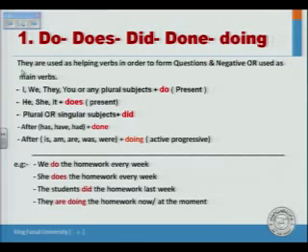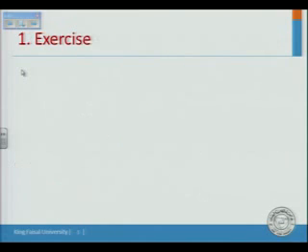You see the example here: they are doing. We change the verb do into doing because it comes after are. I think it's very clear. Let's move to more practice on do support, or the helping verb do.